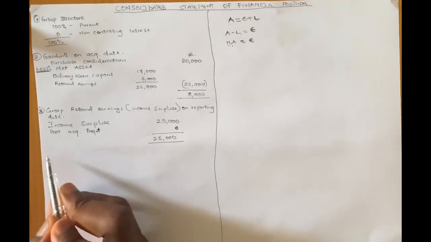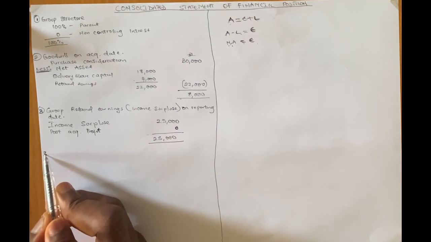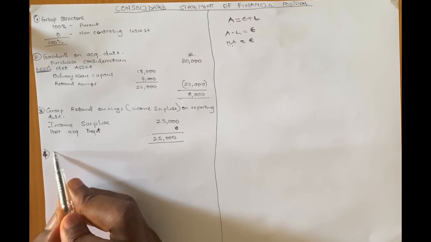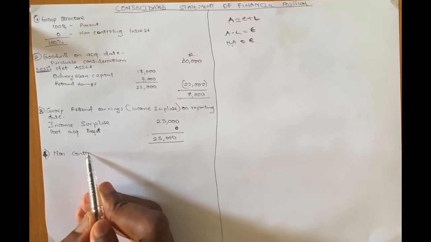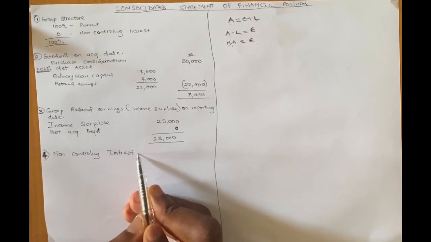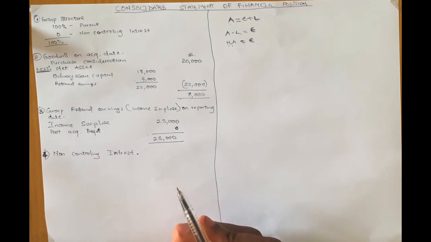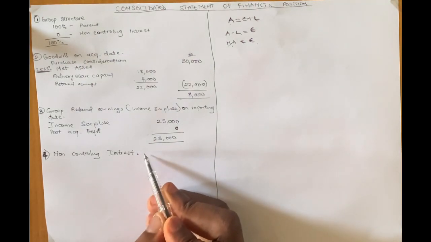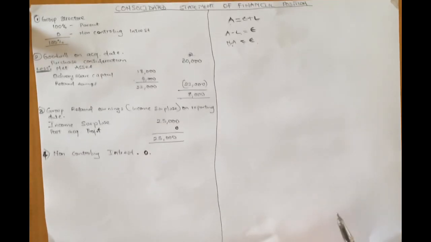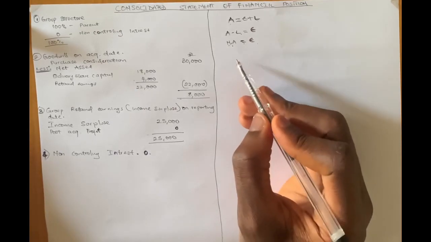Now we go to number 4, which is our non-controlling interest, NCI. Because here our non-controlling interest is 0%, there will not be any value for non-controlling interest. So we have to prepare the consolidated statement of financial position.